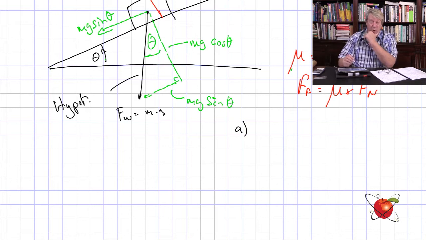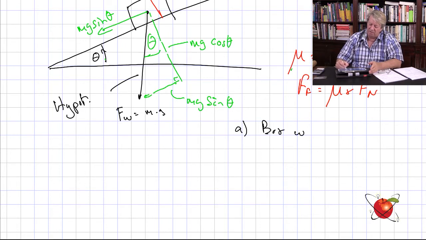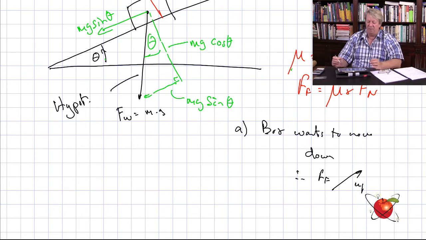What is acting to keep the box there is friction, isn't it? So the friction is acting against the direction of motion. So we will say case 1, there are no other forces acting. In other words, the box wants to move down. Therefore, FF is up the slope.